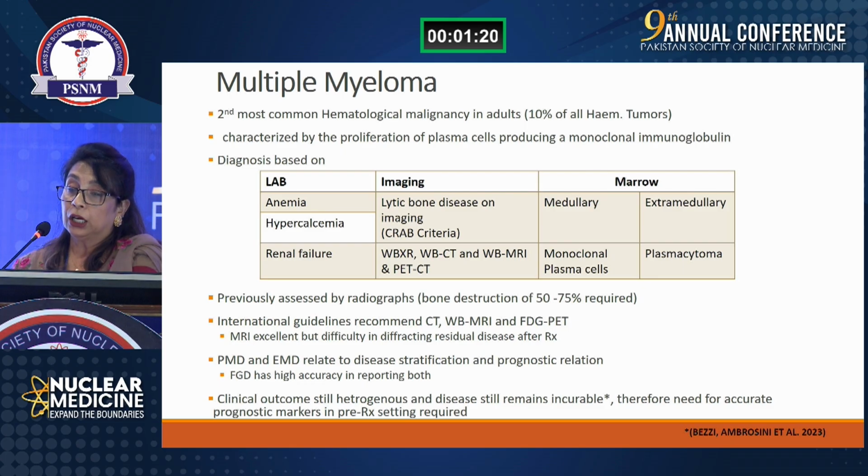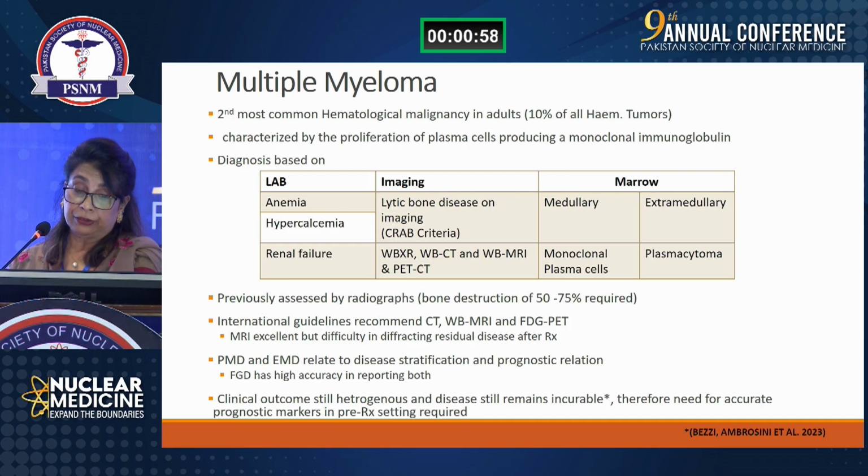Then there is medullary, in the marrow, and extramedullary disease, which is very important in terms of prognosis of this disease. It was previously assessed by radiographs, where bone destruction of 50 to 75% was required to see them. Then international guidelines recommended CT, whole body MRI, and FDG PET.